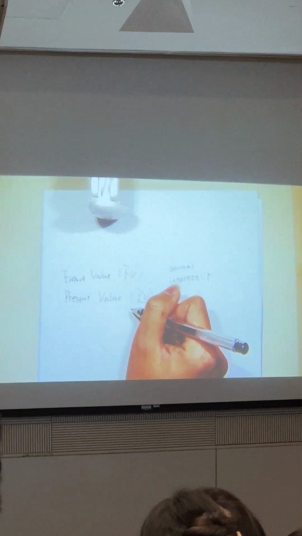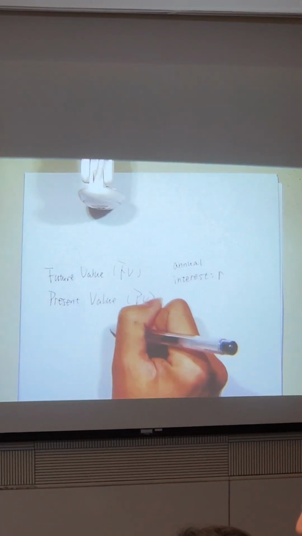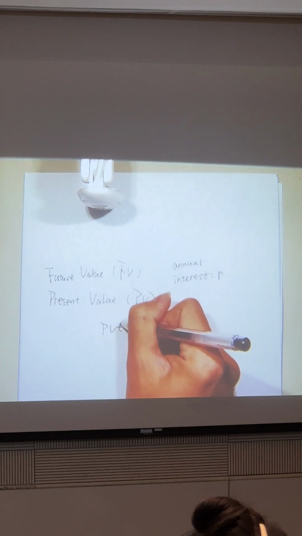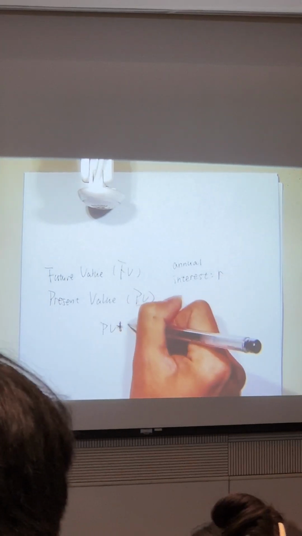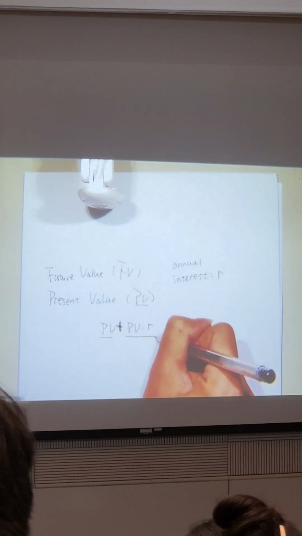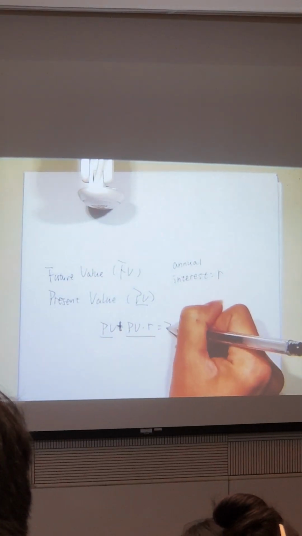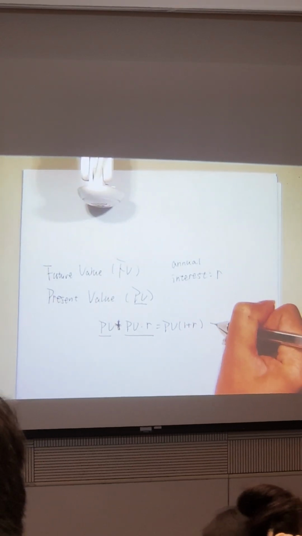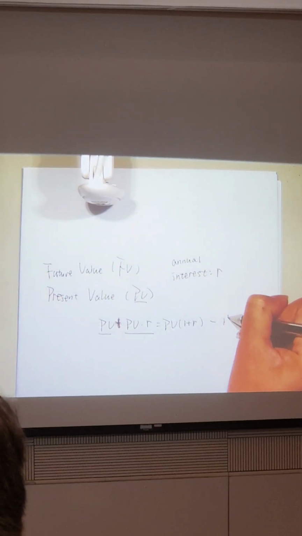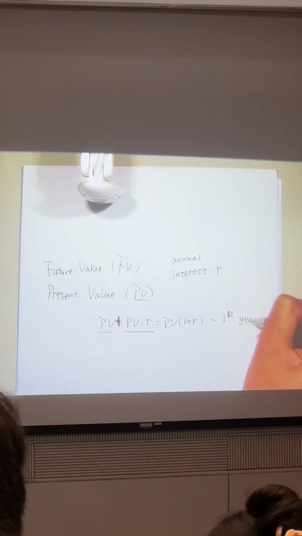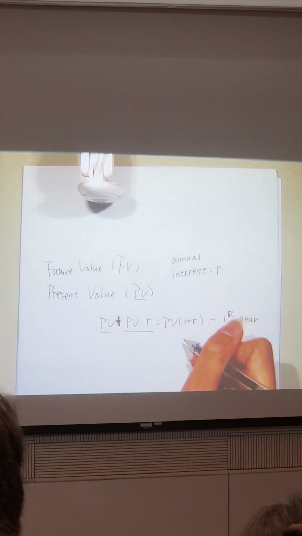So after 1 year, your present value becomes PV plus PV times R, right? This is your principal, this is your interest, which equals PV times (1 plus R), right? So this is the first year. And the same thing happens here.